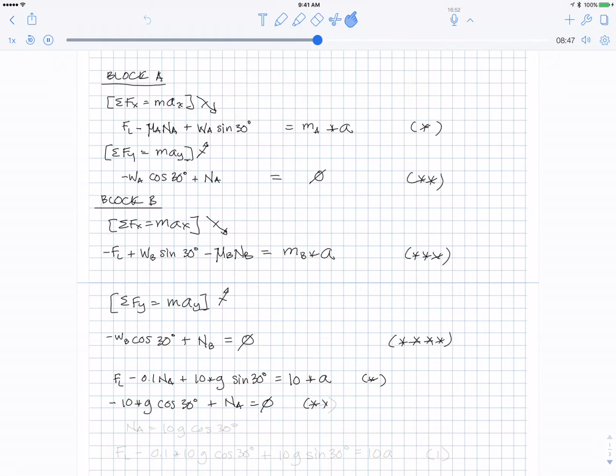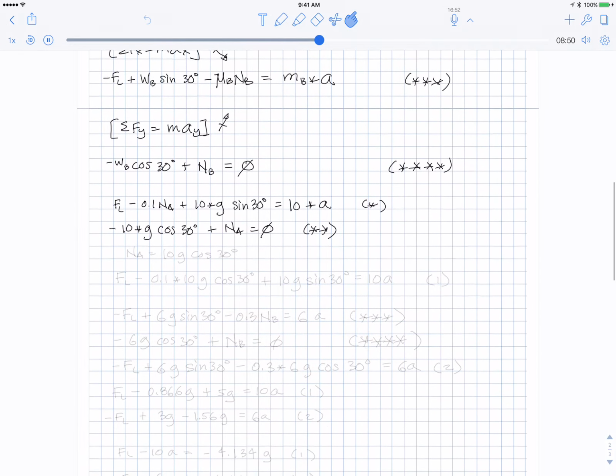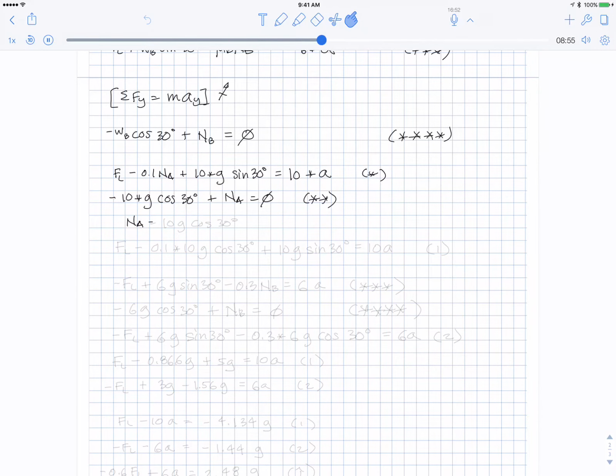I'm going to put equation 2 into equation 1, and so NA equals 10G cos 30 degrees. And so we get the force of the link minus 0.1 times 10G cos 30 degrees plus 10G sine 30 degrees equals 10A. I'll call that a new equation 1.